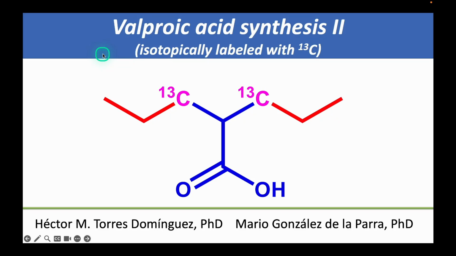Hello. In this video, we present the second synthesis of valproic acid, dedicated to valproic acid, doubly labeled with carbon-13. According to its retrosynthesis presented in the previous video, this labeled drug is useful for research on its mechanism of action and metabolism.